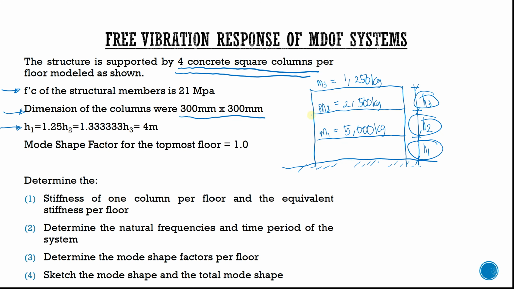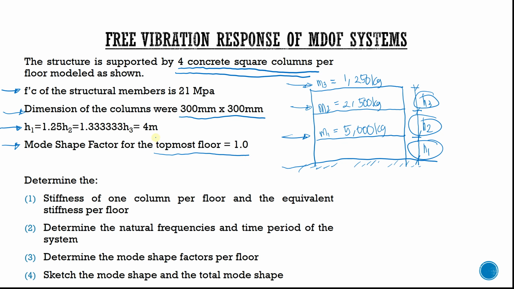As you can see in the figure, the mass of the first floor is equal to 5,000 kilograms. The mass of the second floor is 2,500 kilograms. The mass of the third floor, or the topmost floor, is equal to 1,250 kilograms. Another given condition is that the mode shape factor of the topmost floor is equal to 1.0.